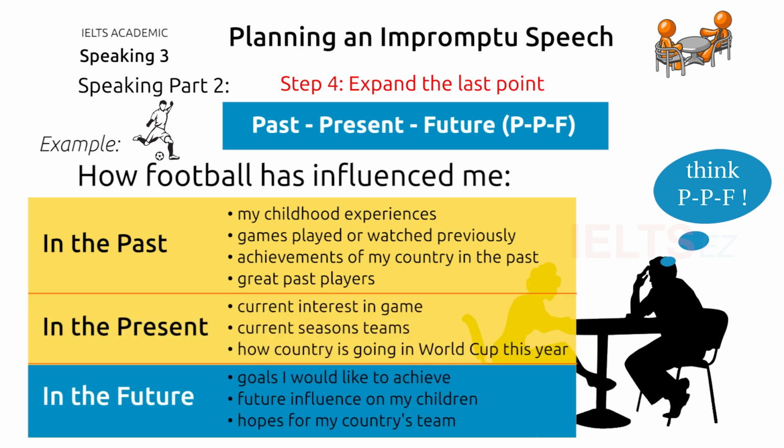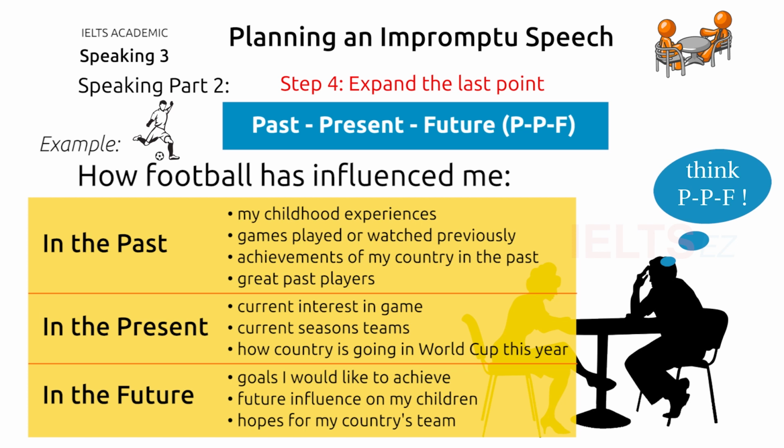Finally, you could move on to the future, and talk about your future hopes with regard to the sport. Maybe the goals you are aiming for, or how football might influence your children, or maybe hopes for your national team. There are many ideas you could apply here. I've just given you some examples.